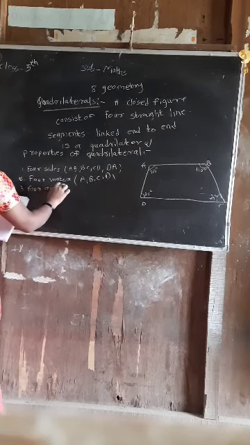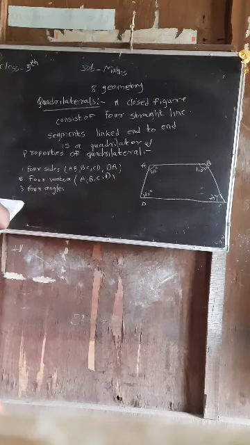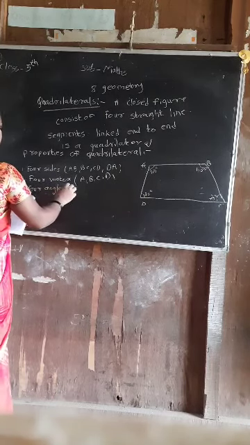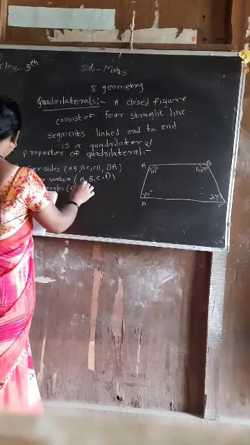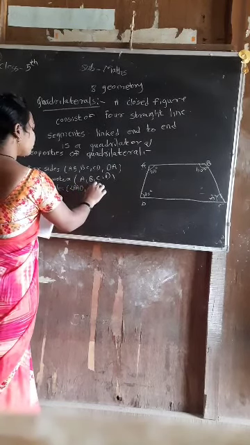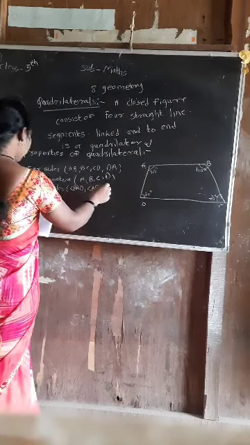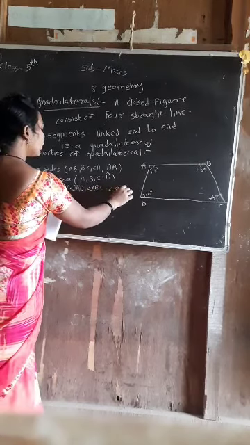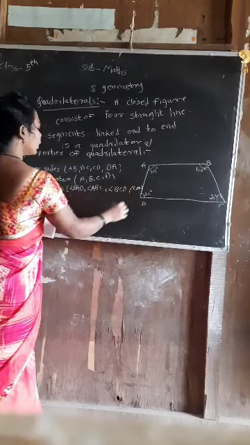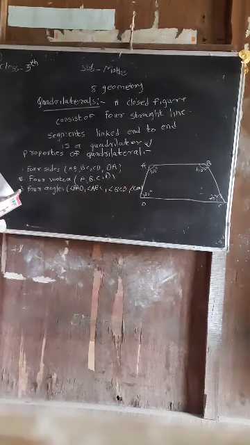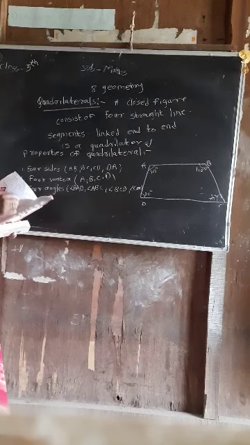That is angle BAD, and angle CDA. These four angles are the angles of a quadrilateral.